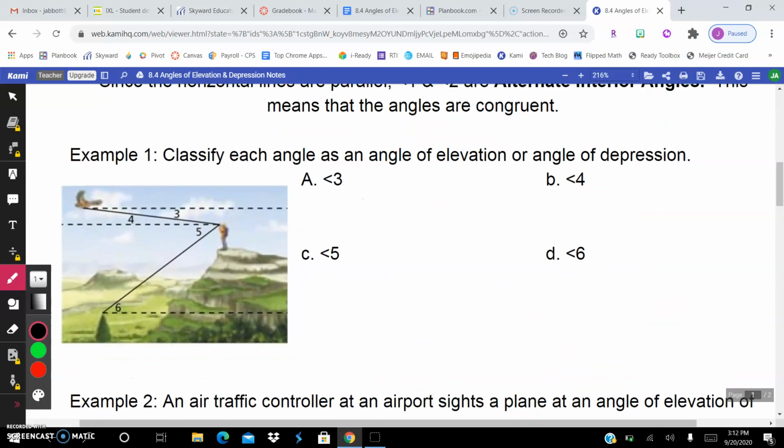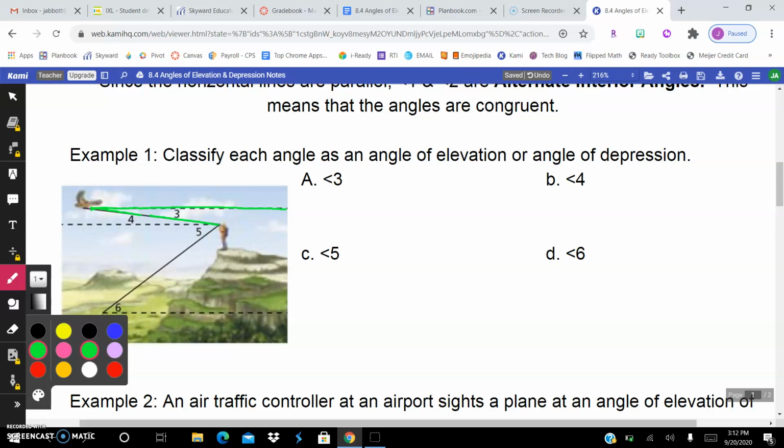Example 1, we have to look at each angle as an angle of elevation or an angle of depression. So letter A says take a look at angle 3. Here is the horizontal line, and here is the line of sight that creates that.